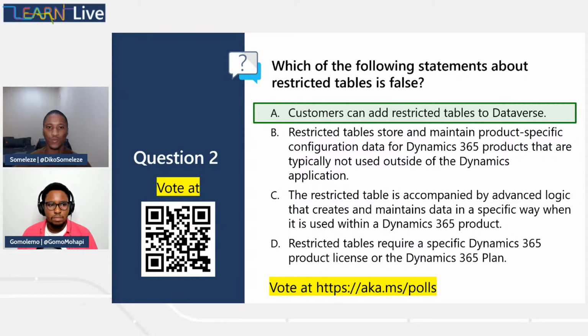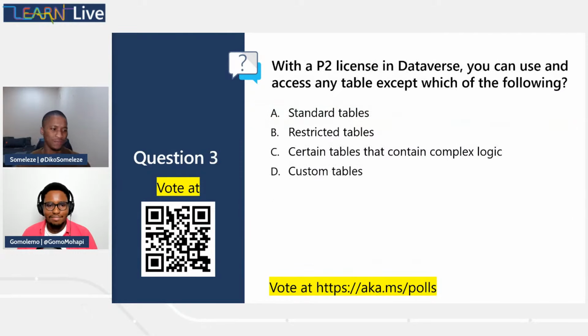So obviously, we can't stop there. We need to double check more on the knowledge that we just gave you. We do have a third question. Let's do one more. With question 3, we have: with a P2 license in Dataverse, you can use and access any table except which of the following?